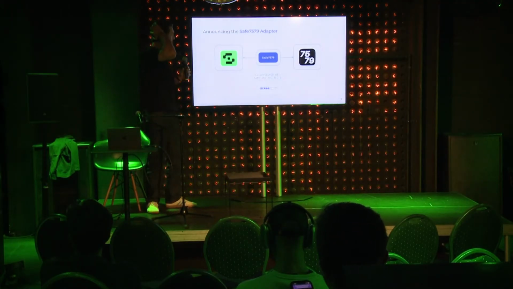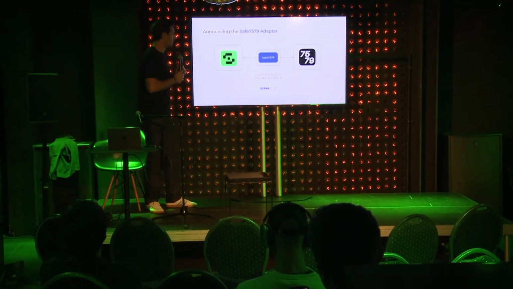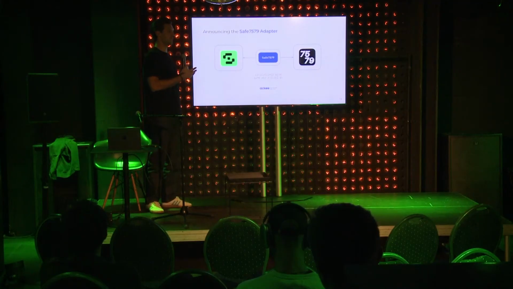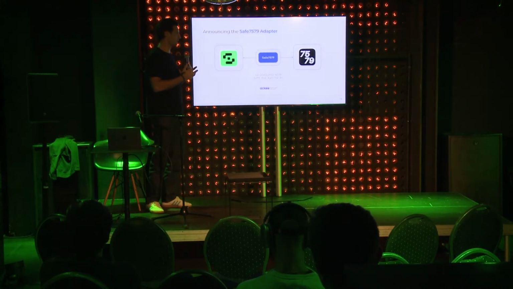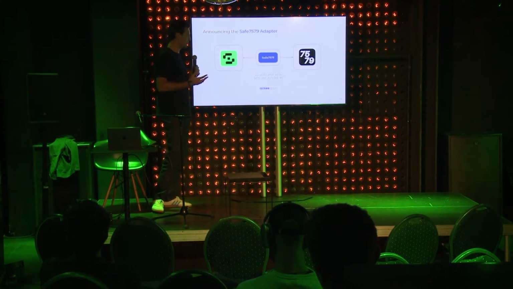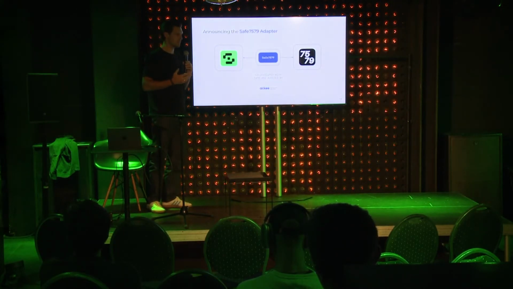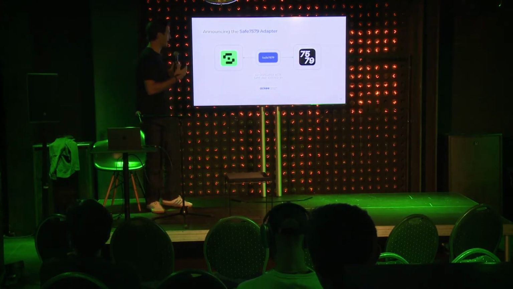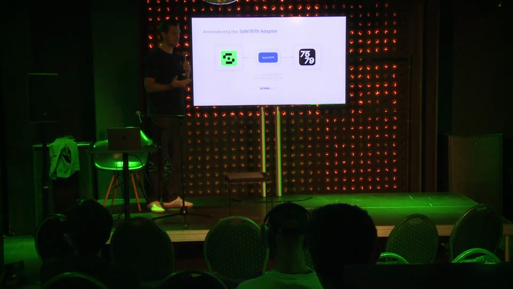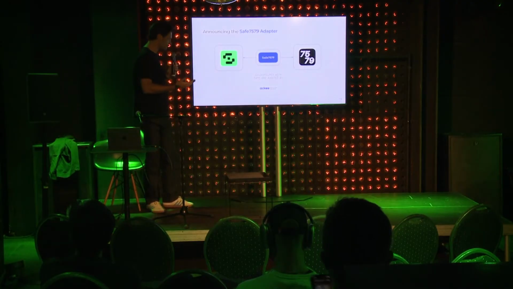So yeah, getting into what we've been working on with Safe, the clear name that's missing from the ERC 7579 slide that I mentioned earlier is Safe. And so we've been working on what we call the Safe 7579 adapter. And this essentially allows the Safe to become compliant with 7579.